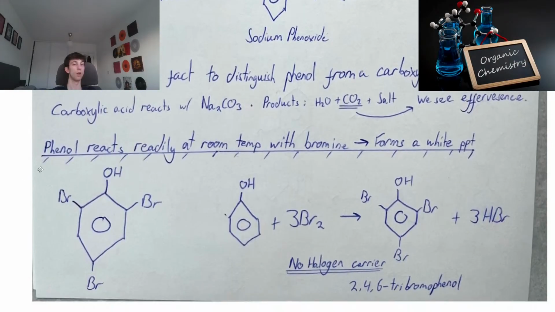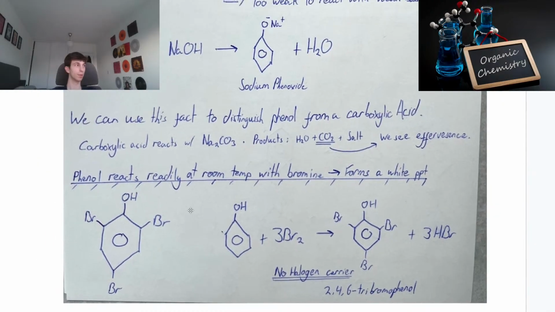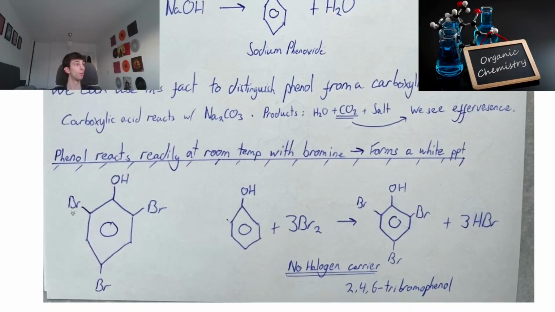Next important thing, guys: phenol reacts readily at room temperature with bromine. This forms a white precipitate. So we have our phenol with 3 bromines on it. How do we get this? Our phenol with 3 Br2. We get the bromine once again 2,4,6 directed: carbon 2, carbon 4, carbon 6.